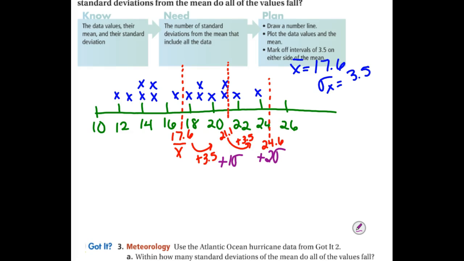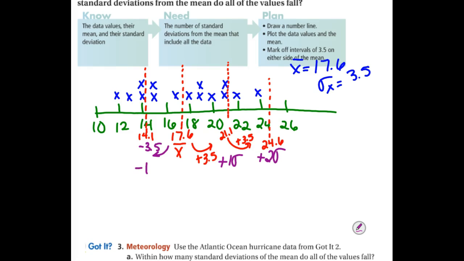Now I'm going to go to the other side, and I'm going to subtract standard deviations until I get to the low end. Okay? So from 17.6, I'm going to subtract 3.5. What's 17.6 minus 3.5? Okay, so I need to drop a line here at 14.1. And that is 1 standard deviation below the mean.